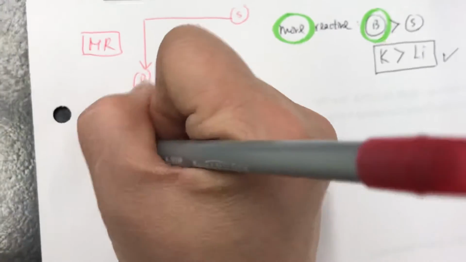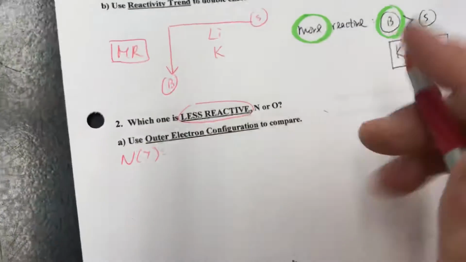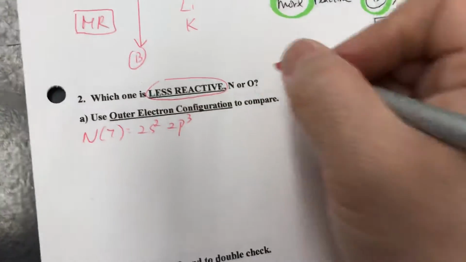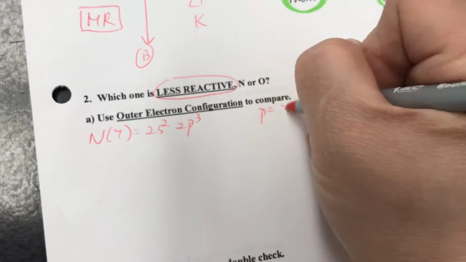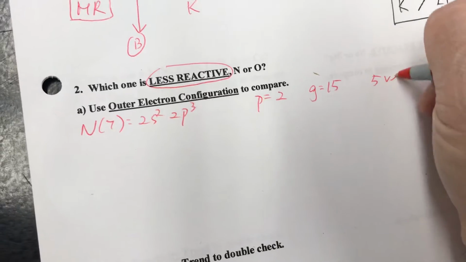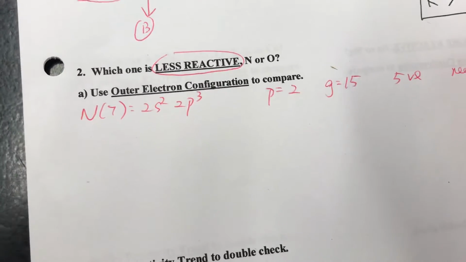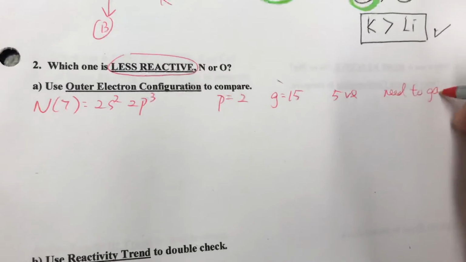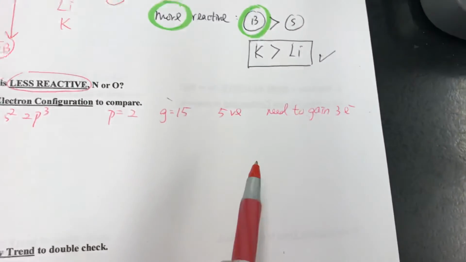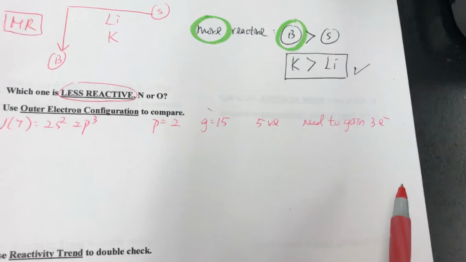N and O. So we first write down the N, the atomic number, which is 7. So then the outer is 2s2, 2p3. That means period 2, group 15, 5 valence electron, and this time need to gain 3 electron.